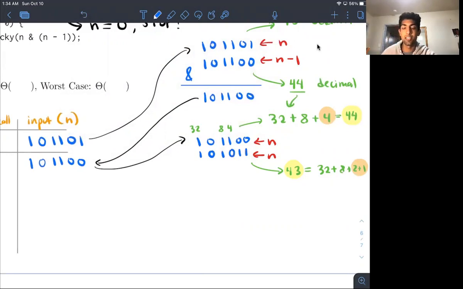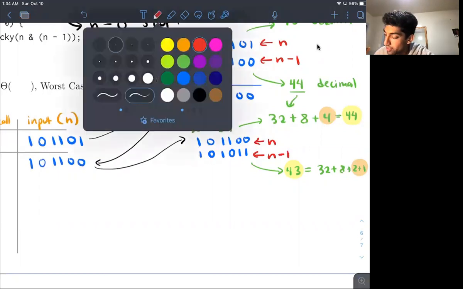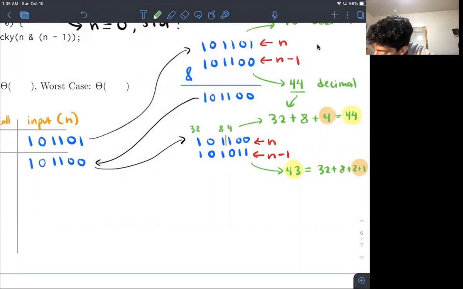So what's cool here is that the number n and the number n minus 1 are exactly the same up till this line right here. At this point, we can see that the remaining bits in n are flipped in n minus 1. Well, that seems to be a cool observation, but we don't really know if it's always the case. So let's try moving on to the next iteration here.